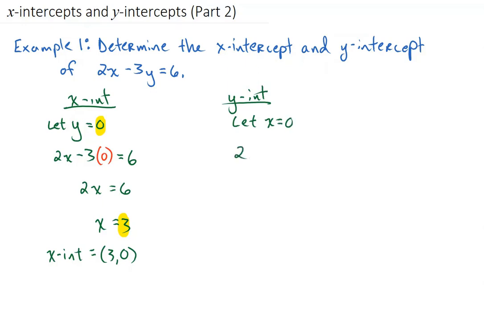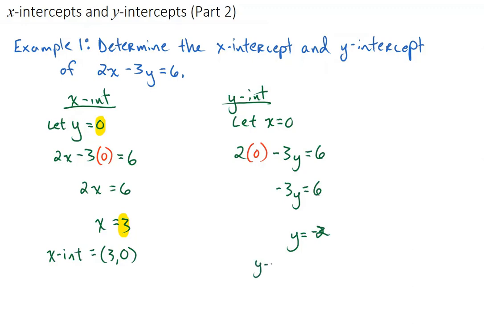When I plug that in, instead of substituting out the y this time, I will substitute out the x. And then I have my minus 3y equals 6. In this case, now I'm solving for y. Well, 2 times 0 is 0, so that part goes away. So I get negative 3y equals 6. So y equals negative 2.